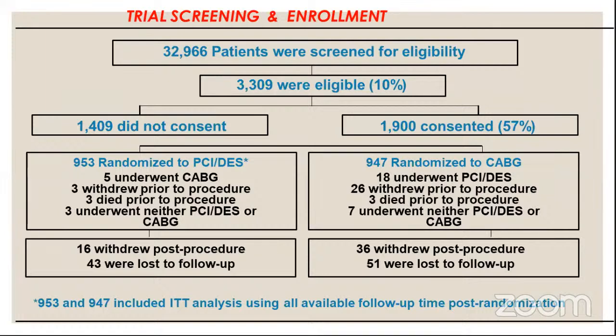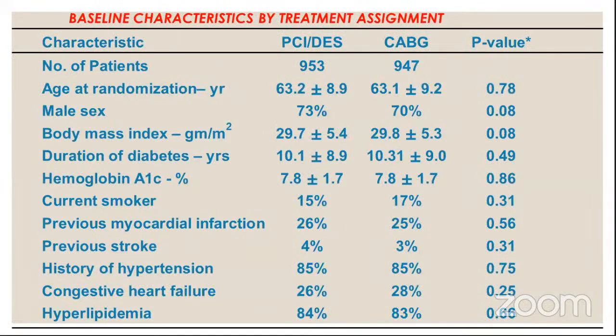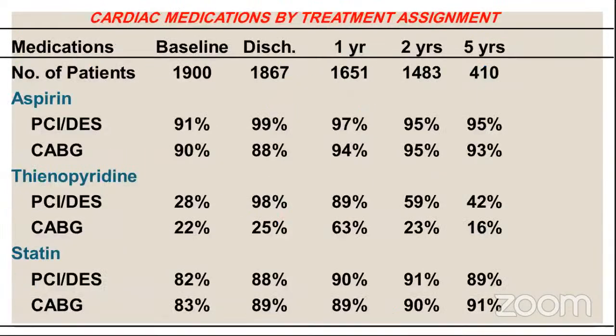And out of this 10%, only around 60% were consented and actually involved in this study, around 1,900 patients. Those 1,900 patients were similar hemodynamically, clinically, and also in terms of the medications that have been used and the laboratory testing.